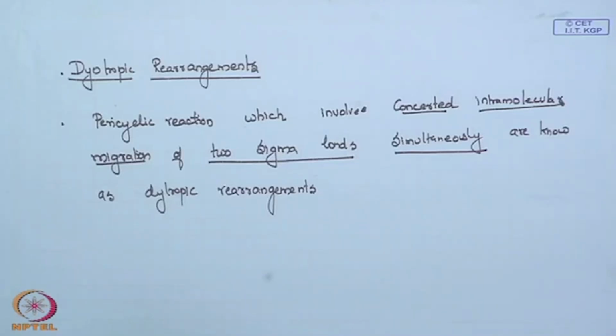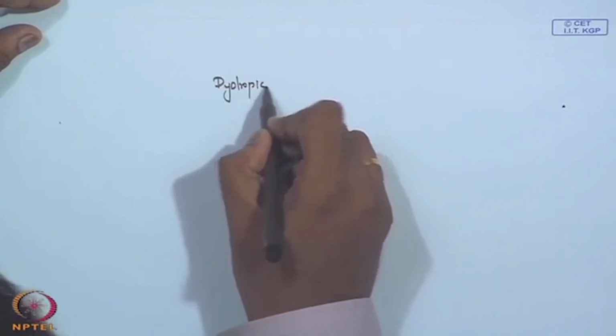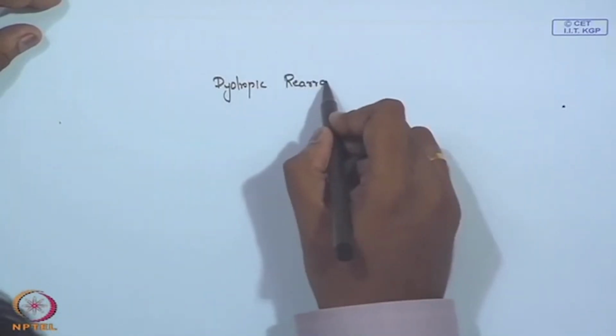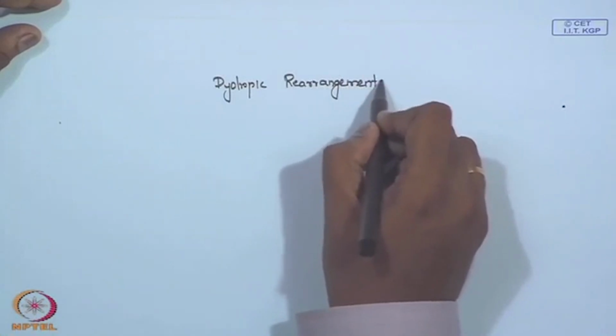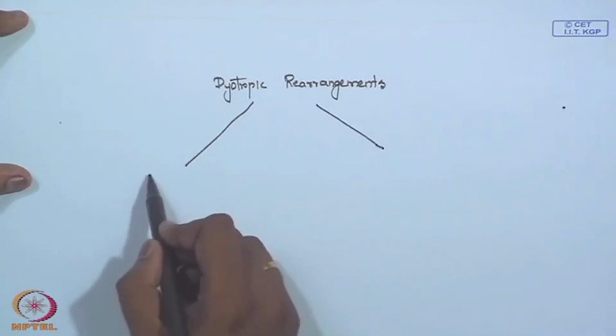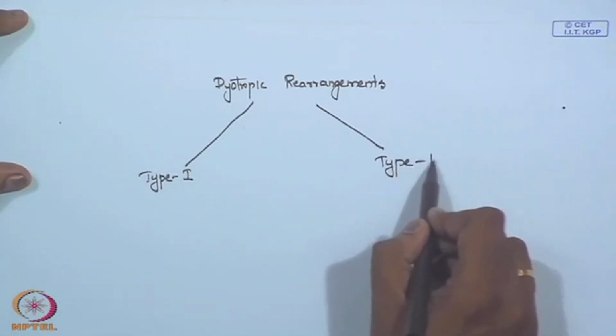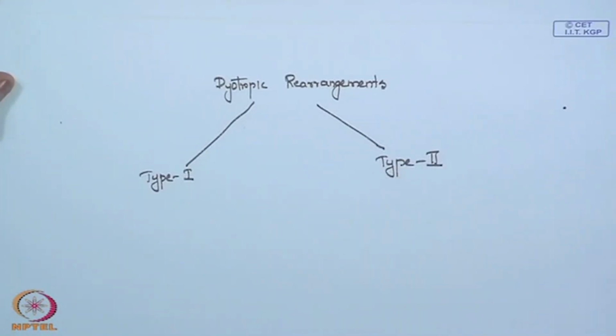Type 1. In type 1, two migrating groups interchange their relative position. Diatropic rearrangements can again be classified into two, type 1 and type 2.